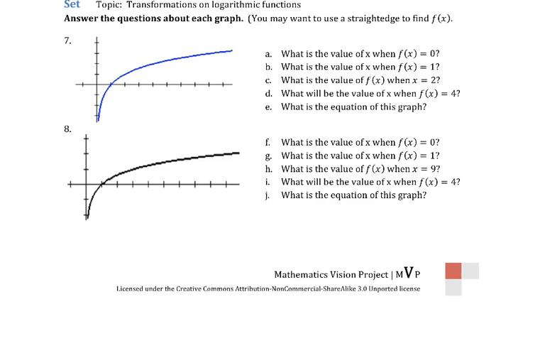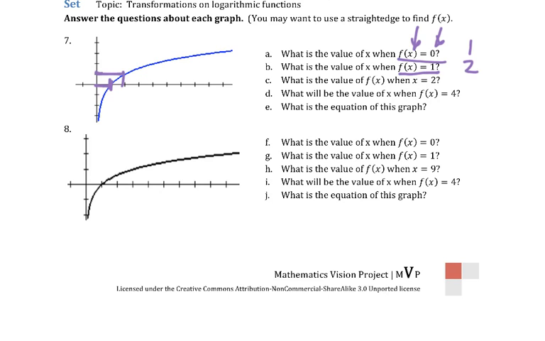Okay, so number 7. What is the value of x when f of x equals 0? So remember, the x stands for the input, the 0 stands for the output. So if I go to 0 for my y value over to my graph, the input would be 1. What about when we're at 1? 1 would be up here, so I go over there and it looks like it's about at 2.